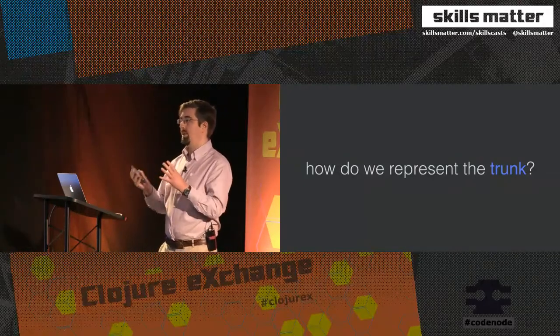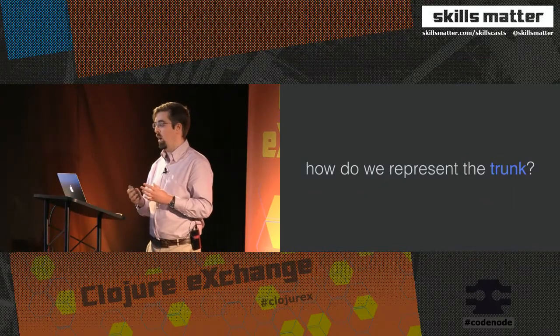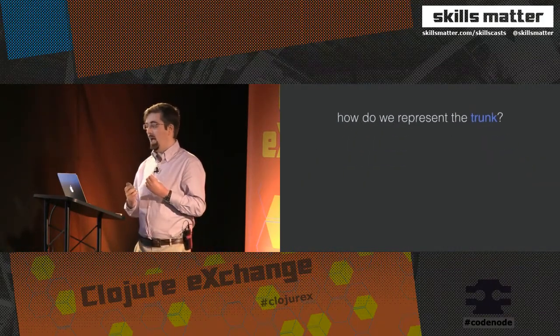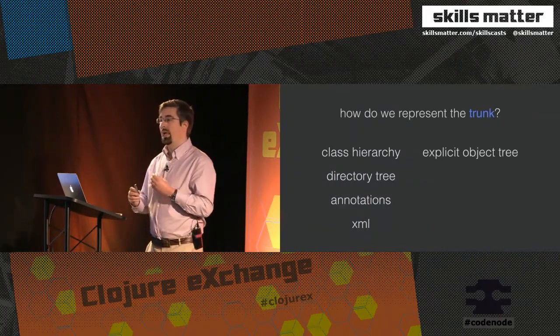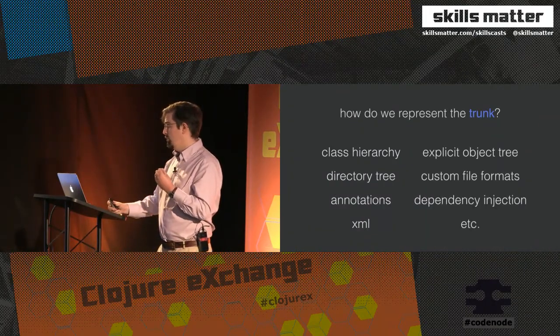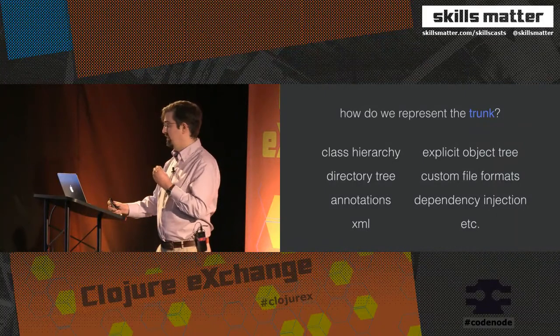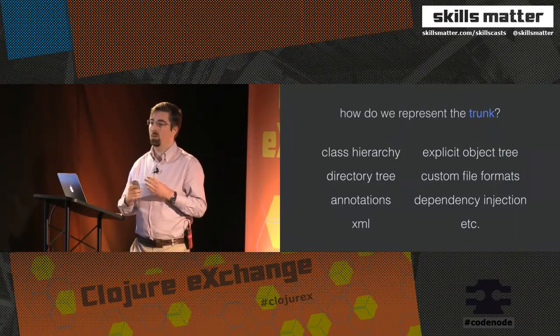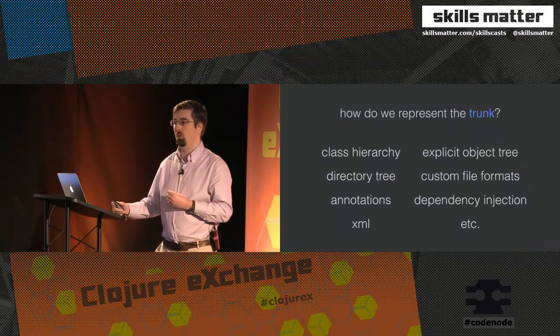So a framework replaces a trunk. Well, how do we represent this structure? And there are various ways, and every framework represents this in a different way. Ruby on Rails and Django and other frameworks of that ilk use a file system a lot.